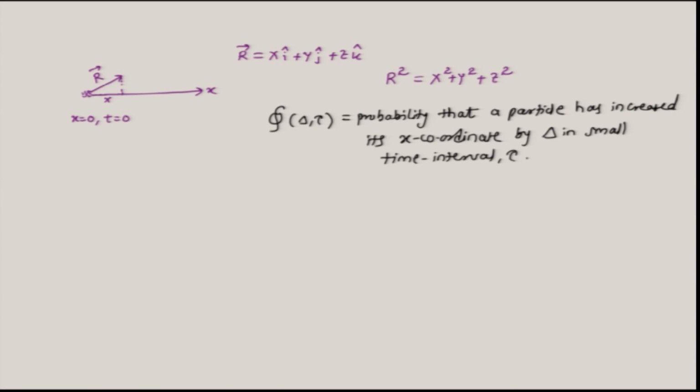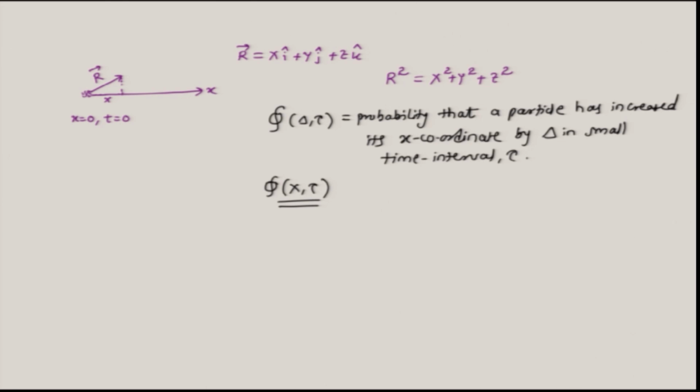In today's convention, we would write it as phi of X, tau, where capital X is the projection of the net displacement vector r bar on the x axis. So, phi of X, tau is the probability that a particle has increased its x coordinate by X in small time interval tau.